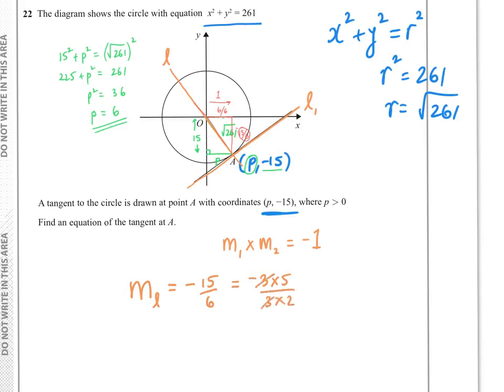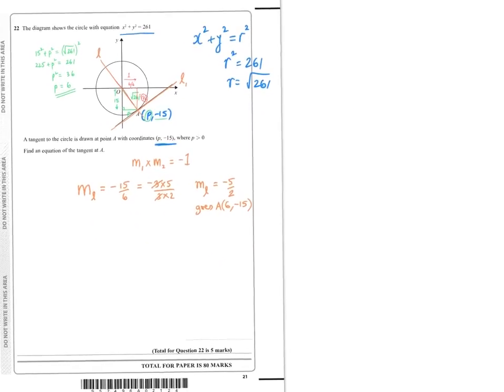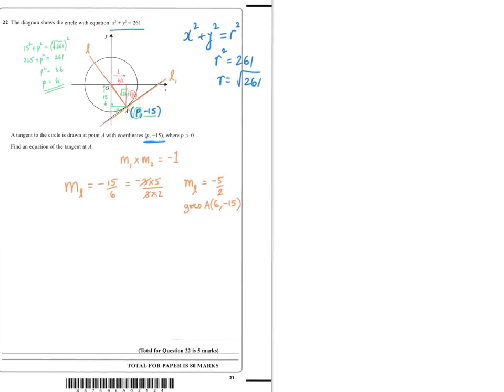These cancel, so we get the gradient of the line L is minus 5 over 2. But we also know it goes through the point 6, negative 15, doesn't it? Because we found the value of p at that coordinate A. So we can just use the straight line formula, put the numbers in, and we'll be good to go, I think.